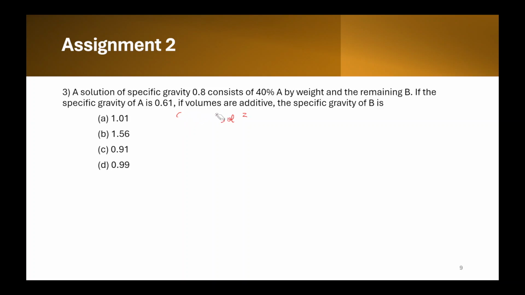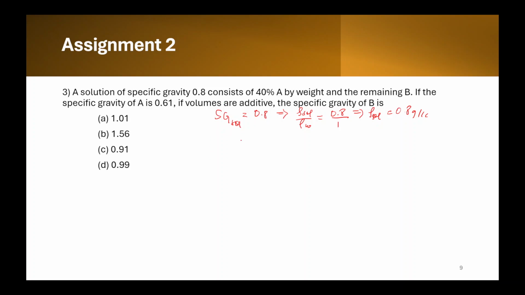Firstly, the specific gravity of solution is given. Specific gravity of solution will be 0.8. So specific gravity will be rho solution by rho water. Rho water is 1 gram per cc if we take that. So 0.8 by 1. So rho solution comes out to be 0.8 gram per cc or cubic centimeter.